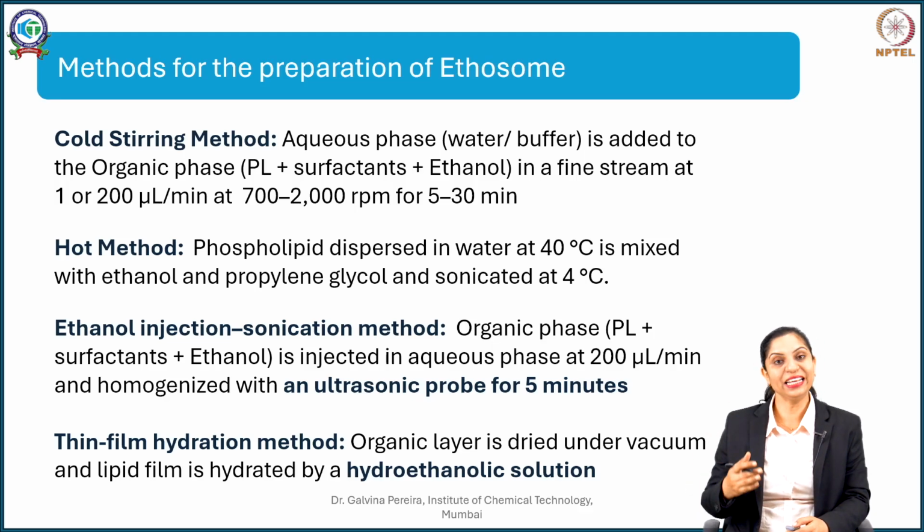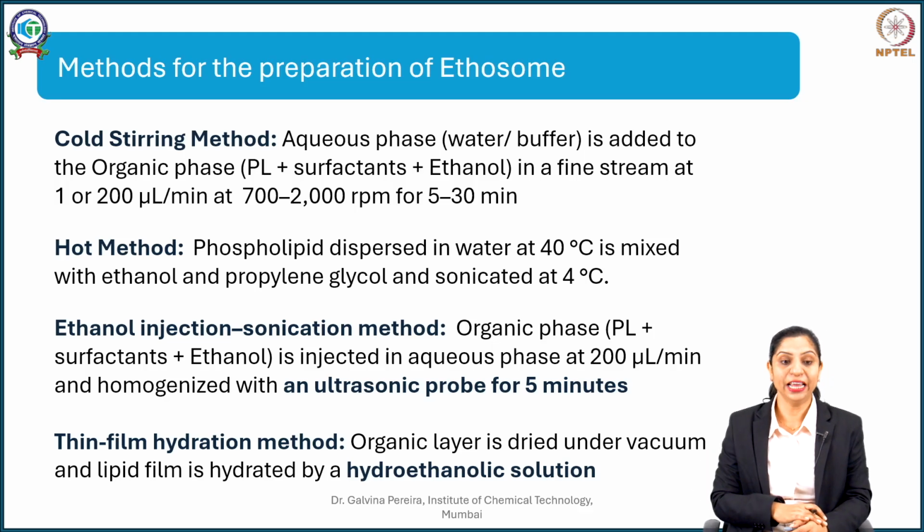Here the organic phase is injected into the aqueous phase and homogenized with an ultrasound probe for a period of 5 minutes. Now this may be pulsatile. So 5 minutes you have ultrasonication, 5 minutes rest, again 5 minutes ultrasound. These pulses are given eventually to reduce the size, and what you get at the end are your ethosomes.